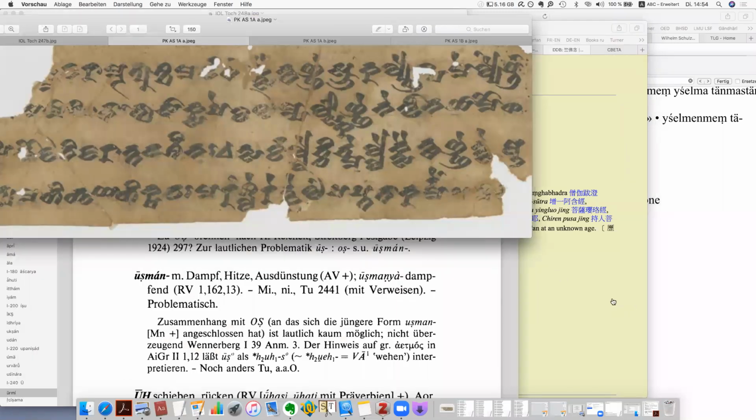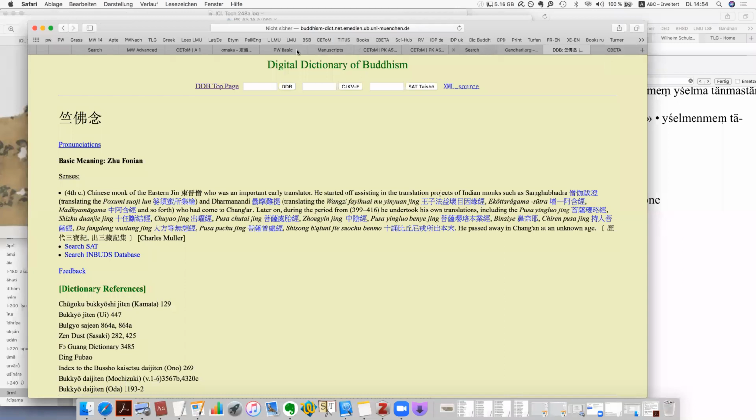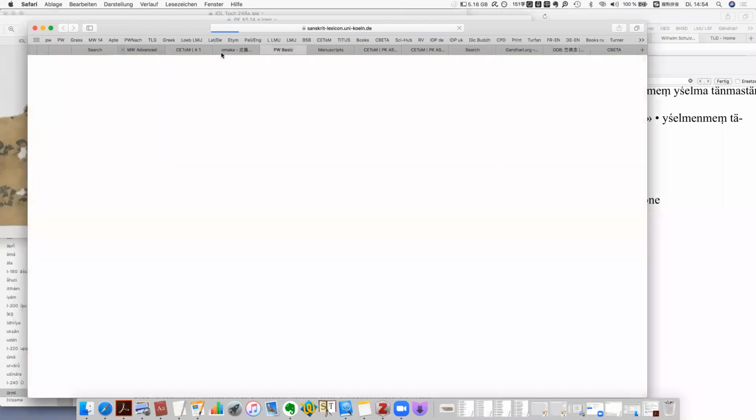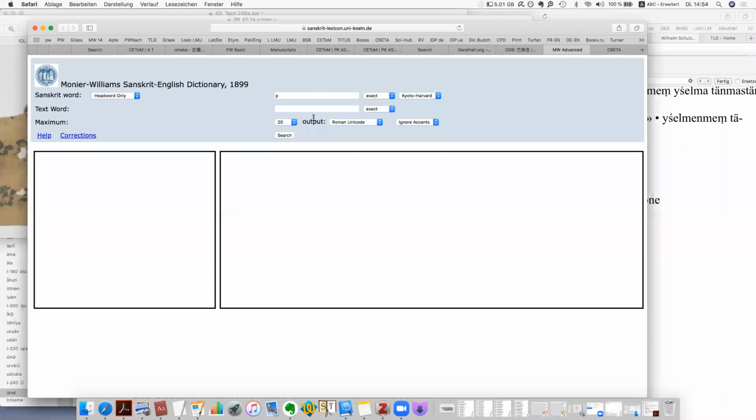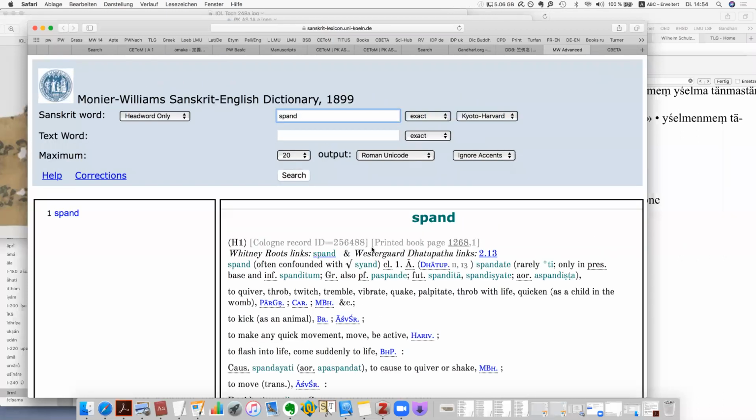So I think we can check the Sanskrit dictionary. So spand. So kind of flash into life or quicken, throb with life, quicken, quake, quiver.